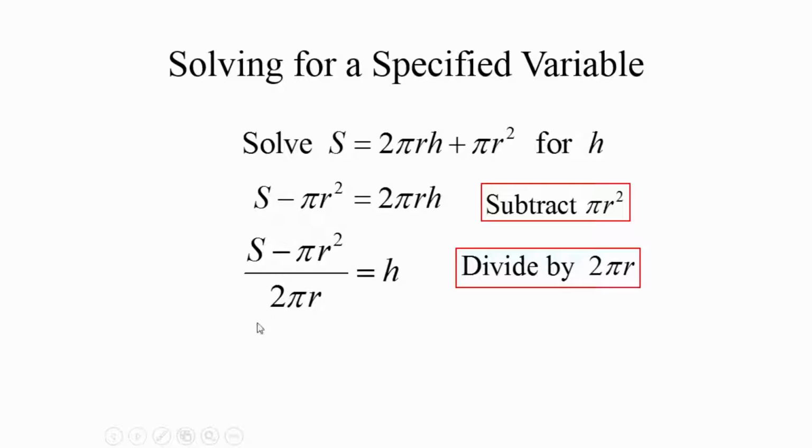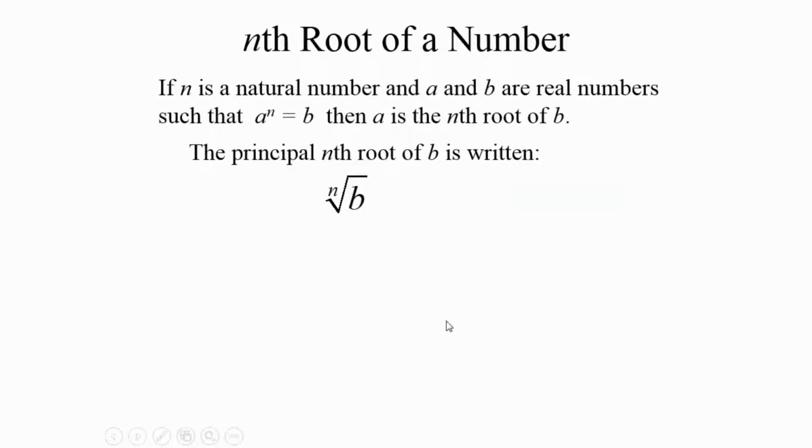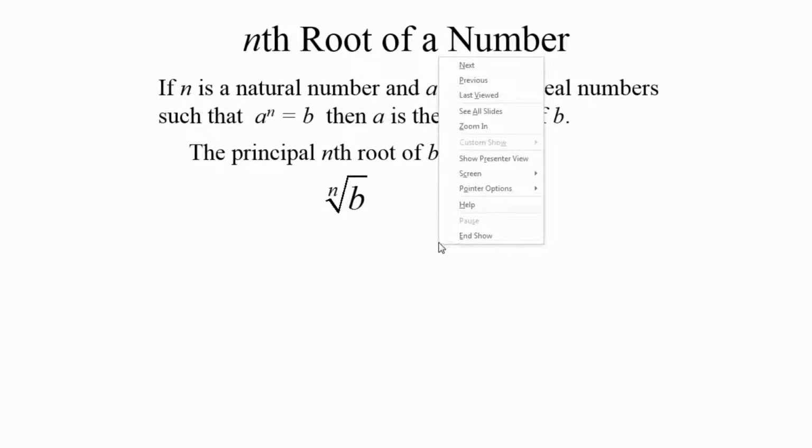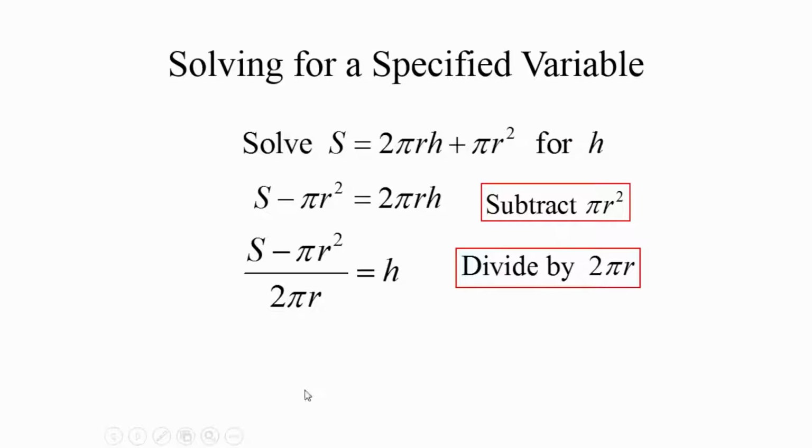So you come up with this as the equation for h. So you solve for h. H has to be S minus pi r squared, all divided by 2 pi r.